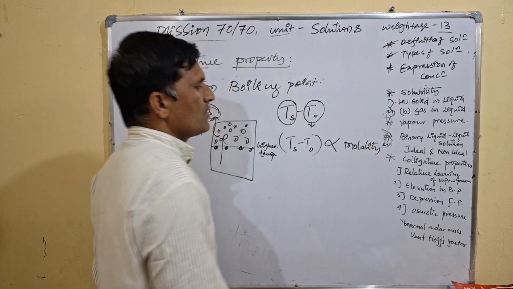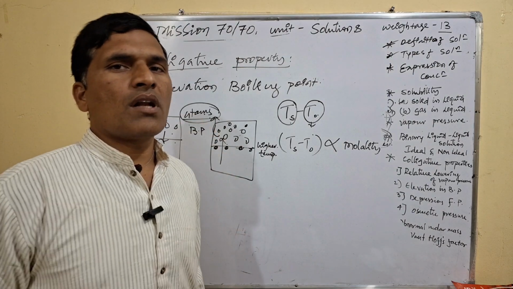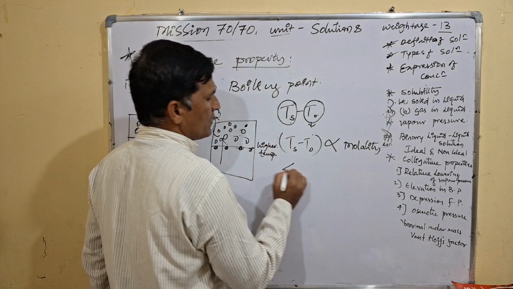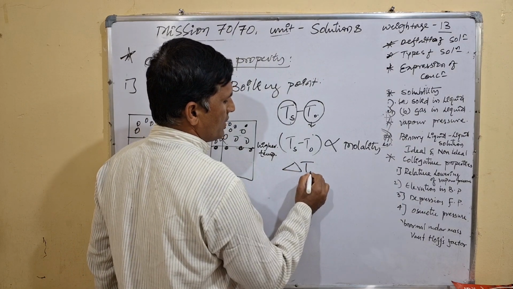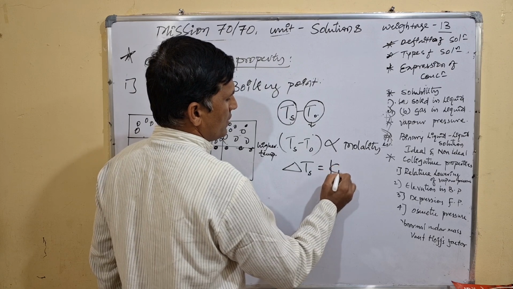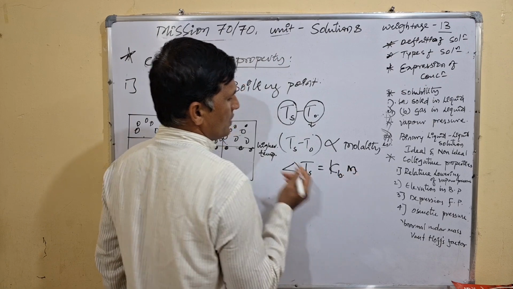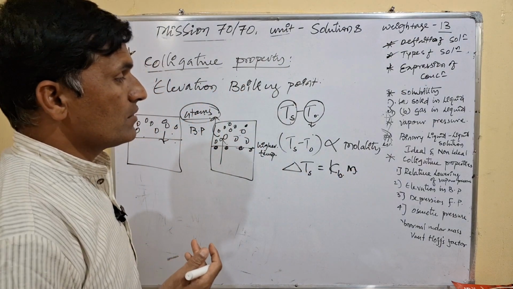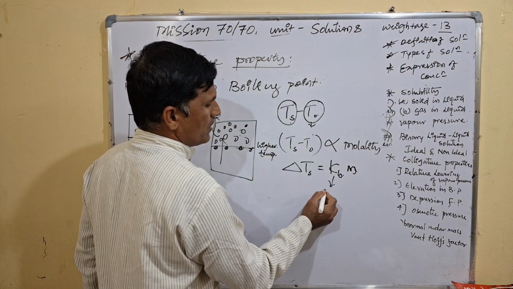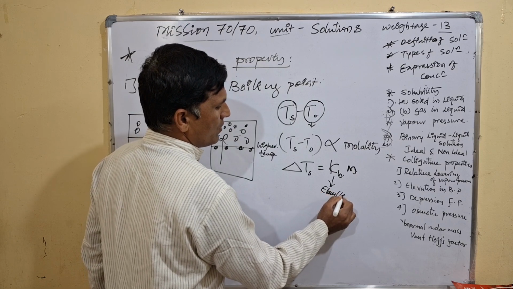Molality means number of moles of solute per kilogram of solvent. So that is how we represent it, and we take it as delta Tb, which is equal to Kb into m, where small m represents the molality of the solution. This Kb is called the proportionality constant. It is also referred to as the ebullioscopic constant.